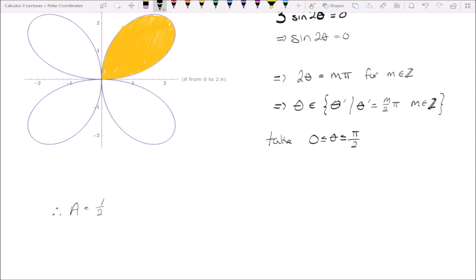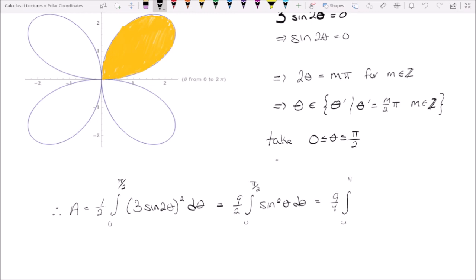So the area will be 1/2 integral from 0 to pi over 2 of 3 sine of 2 theta squared d theta. All right. Well, this is 9/2 the integral of sine squared, which is 9/4 the integral of 1 plus cosine of 2 theta.